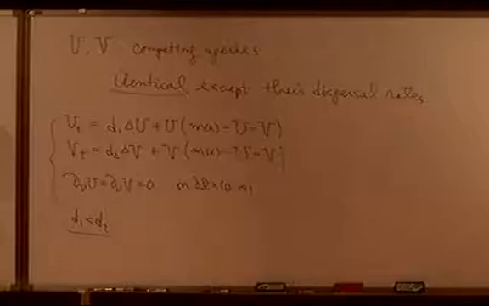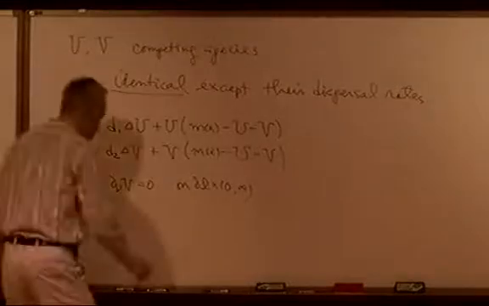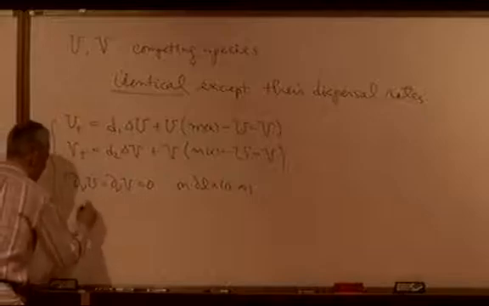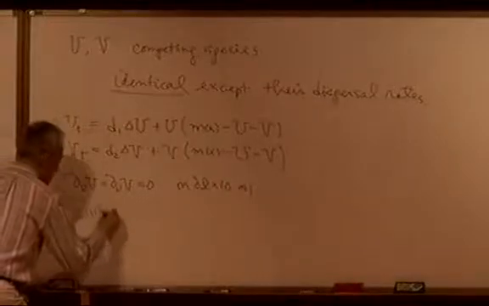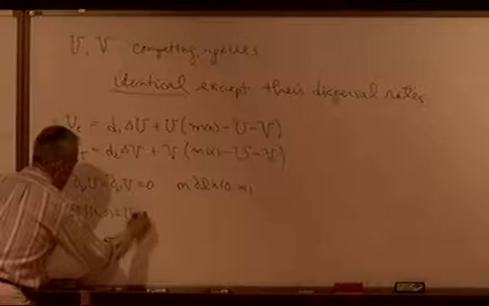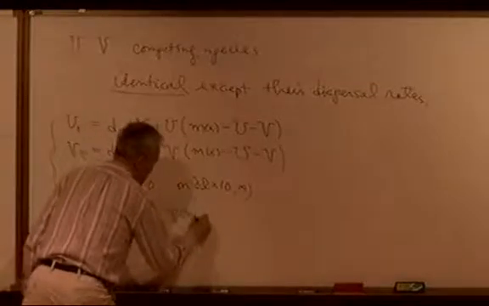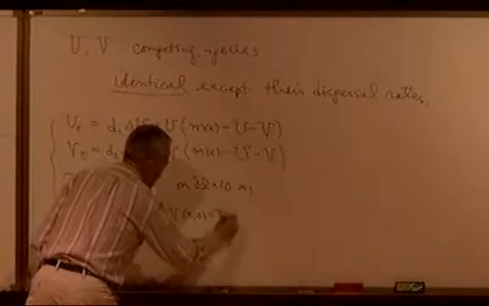Here I didn't write down the initial value, so I should write it down. Sorry. So the initial values: u(x,0) equals u0(x), and v(x,0) equals v0(x).